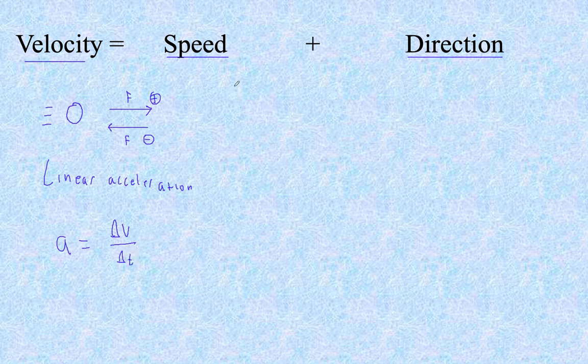Now what we're going to do is address the idea of forces that change the direction that something goes. So imagine that same hockey puck sliding across the ice, very frictionless ice. Here's its velocity this way. Now the question is, how do you make this thing go in a circle? Well, the answer is that you exert a force not in the direction it's going, but a force exactly to the side of it.